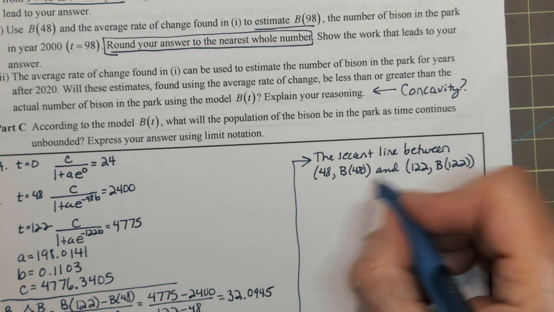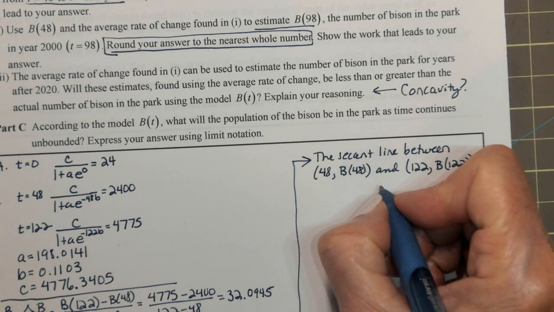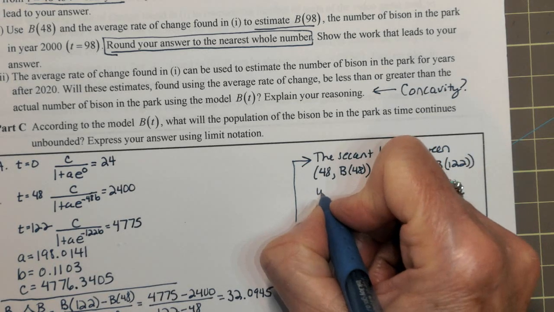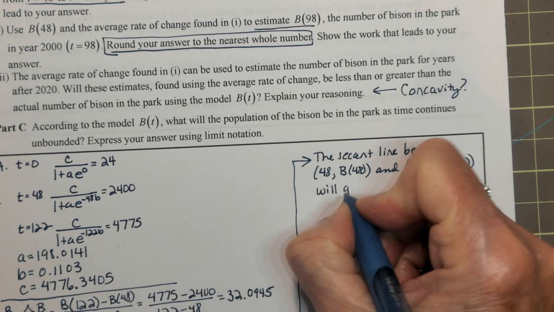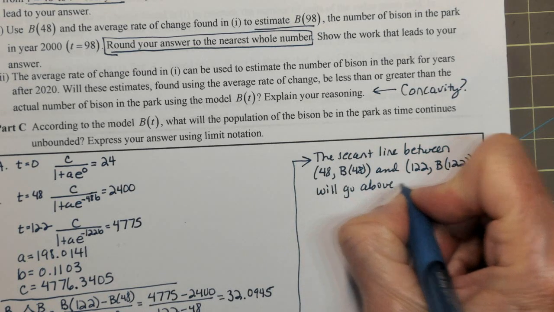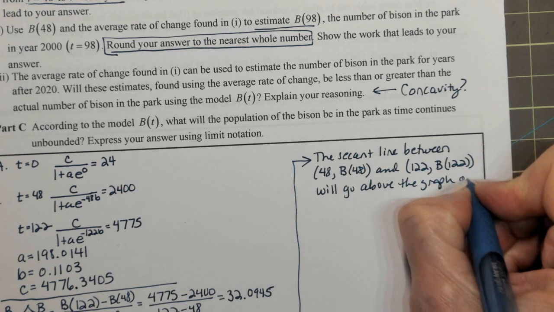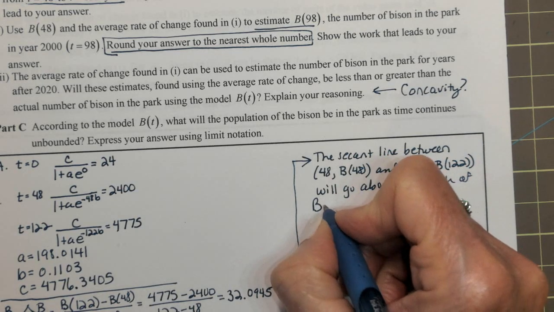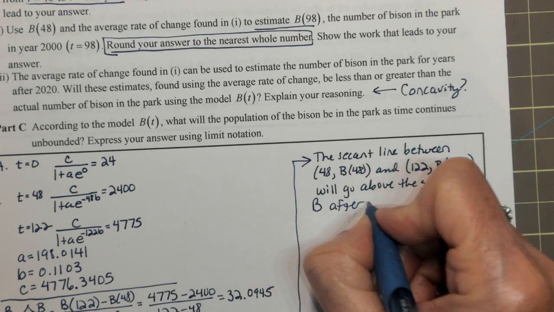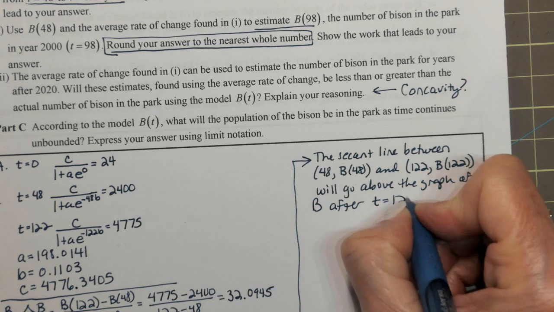So the secant line between those will go above the graph of B after time is 122.